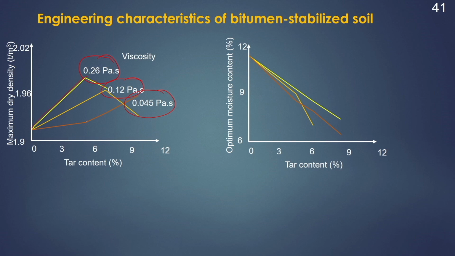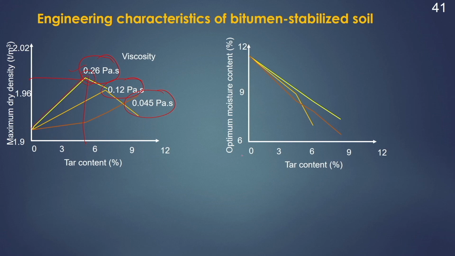That means, if a soil is mixed with a highly viscous tar, then the density which can be achieved will be higher. Here you can see this is a highly viscous tar, and for the same content we are getting a higher value of dry density in comparison to a low viscous tar.